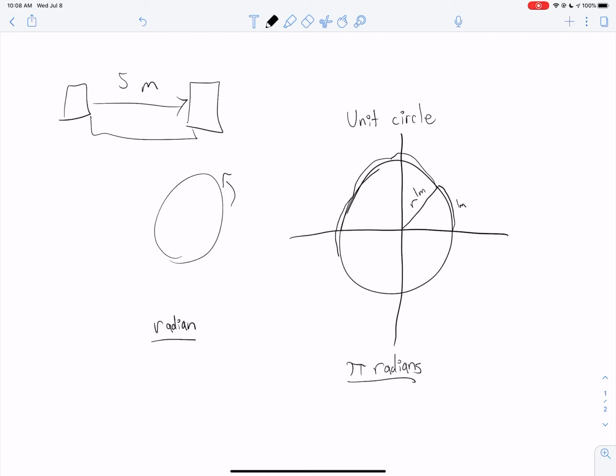What that means is that if I take the radius of this circle and put it around the edge of this circle, I'll need about 3.14 radius distances in order to cover the first half of the circle. So that means I would need 2 pi radians for the entire circle.